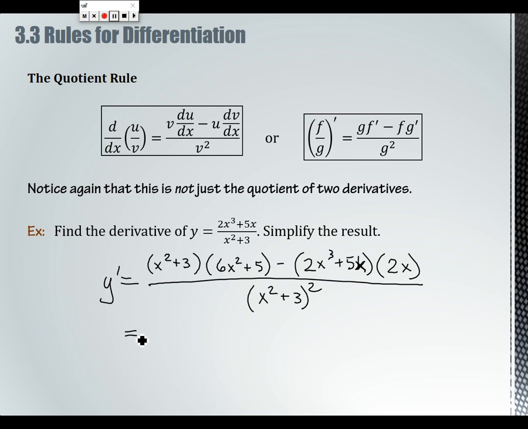So we'll do it. Here we go. We got 6x to the 4th plus 18 and 5 is 23, minus 4x to the 4th, that's an x, minus 10x squared.